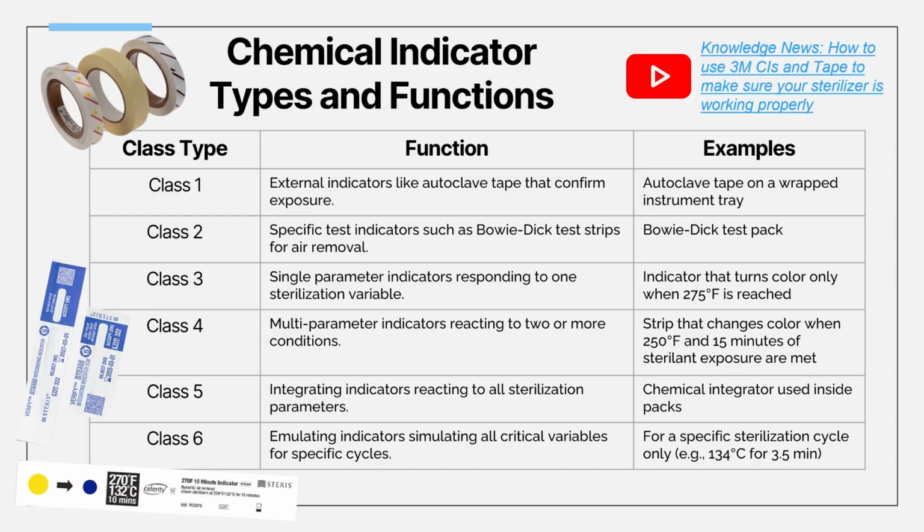So maybe as an example, we would have a class 6 indicator that ensures that an implant cycle meets all of its sterilization parameters. So instead of the usual 50 minutes for a regular steam cycle for instruments, it goes up to an hour, 20 minutes, for example.